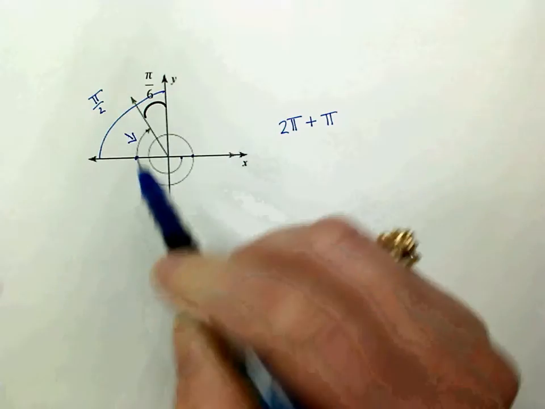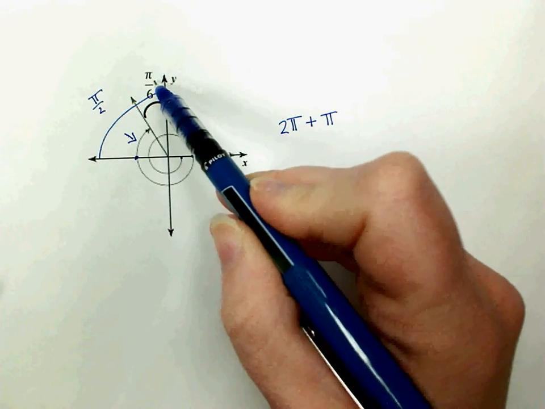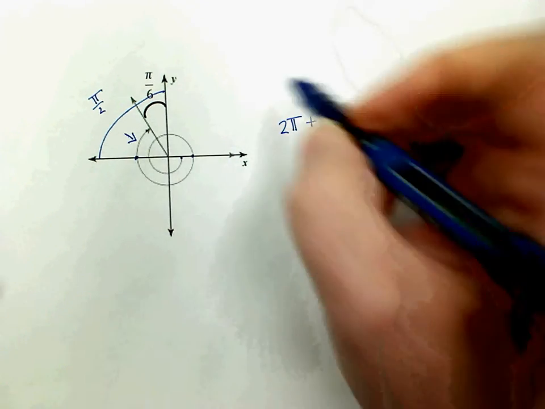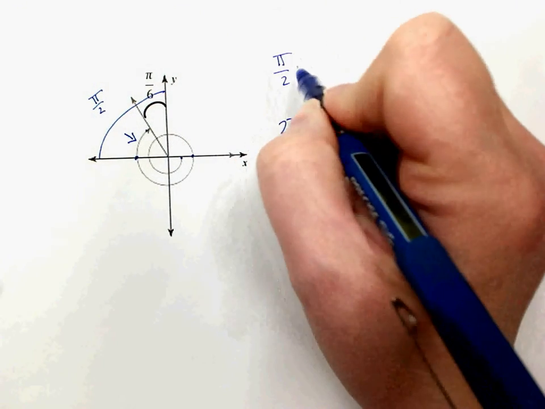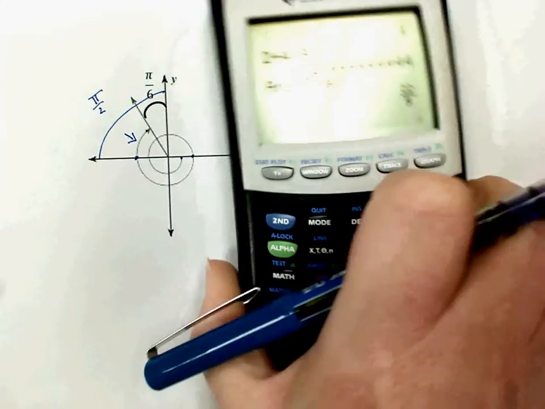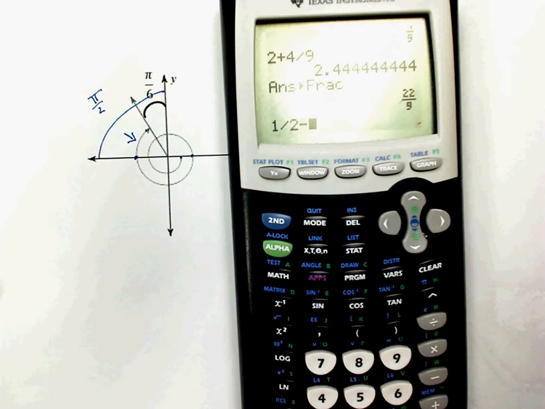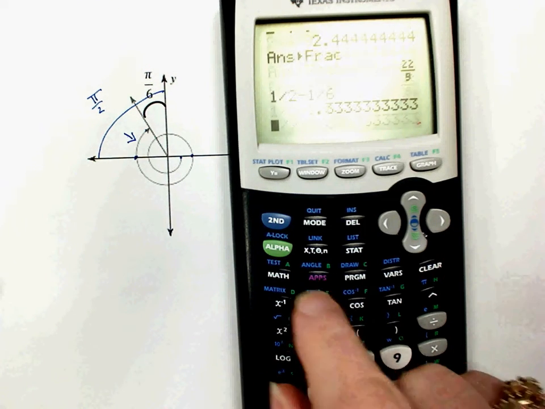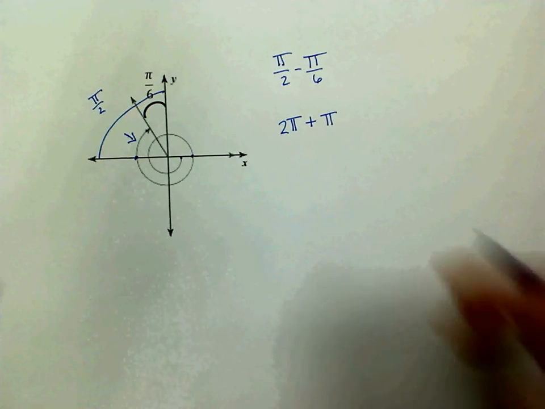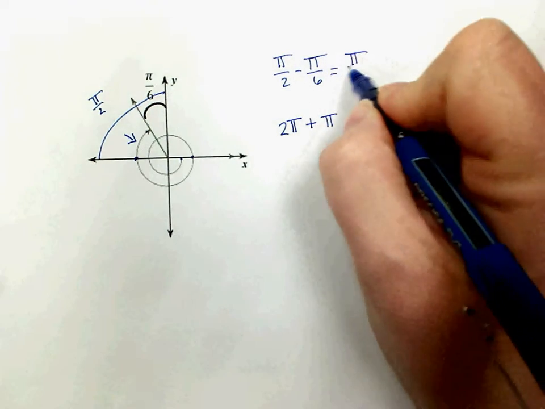And I'm going to subtract out the part I don't want, the pi over 6, and that'll give me this section right here. So pi over 2 minus pi over 6, I'll just put in my calculator as 1/2 minus 1/6, and hit math enter to get it as a fraction, which is 1/3. So this is pi over 3, 1/3 pi.